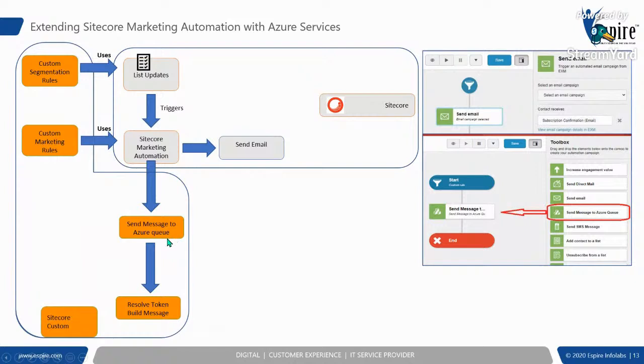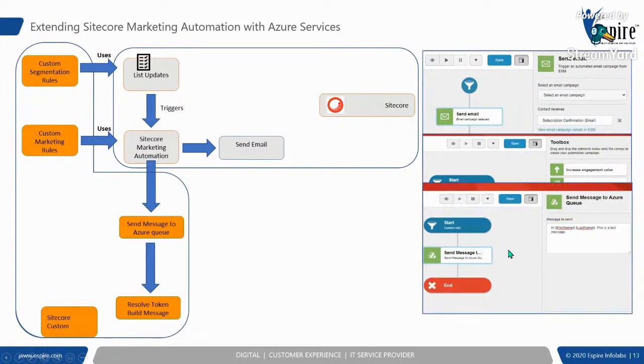One more step may be required, because if you see the message here, we have simply added a text box. You can add any message over here, like the first name, last name, a person's email, or a person's product, any information about a customer that you want to send to the queue. You can just put it like dollar first name, as we use tokens in email or in some other way as well.